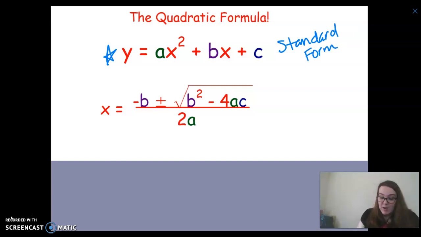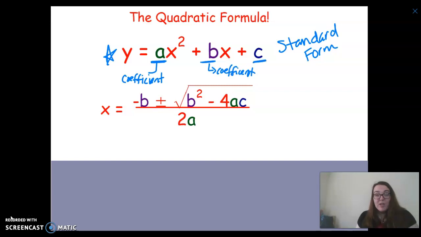Anytime I'm talking about a, I'm referring to the coefficient of x squared, or the squared term. Anytime I refer to b, I'm referring to the coefficient of the middle term. And anytime I refer to c, I'm referring to the constant. We've talked about these before, but just a friendly reminder doesn't hurt.